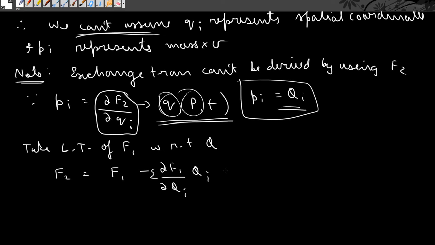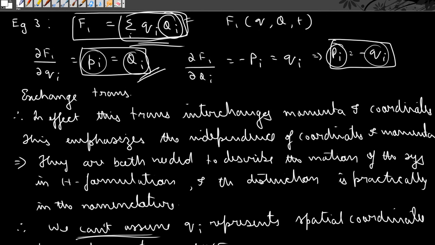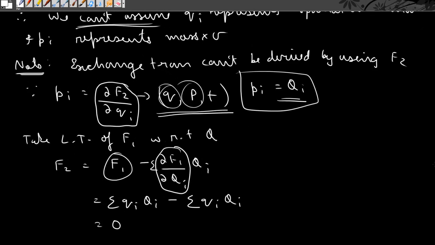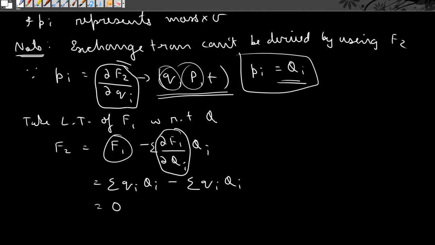But what did we assume f1 as? F1 is basically summation Qi Pi. So this becomes summation Qi Pi minus this particular term, which is nothing but summation Qi Pi, which is 0. Okay, so if f2 is 0, this particular guy cannot be found.